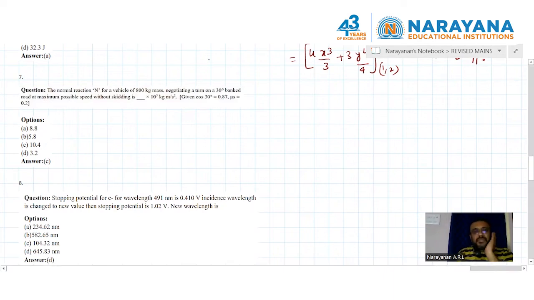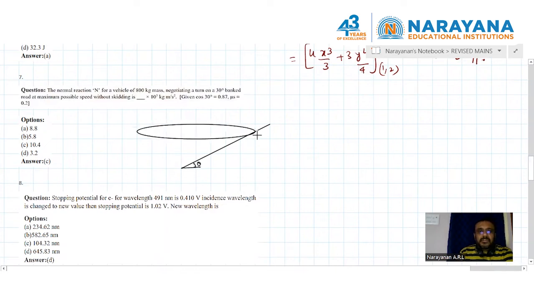So here you are given a banked road, with angle theta. You need to calculate the normal force on the vehicle negotiating a turn.